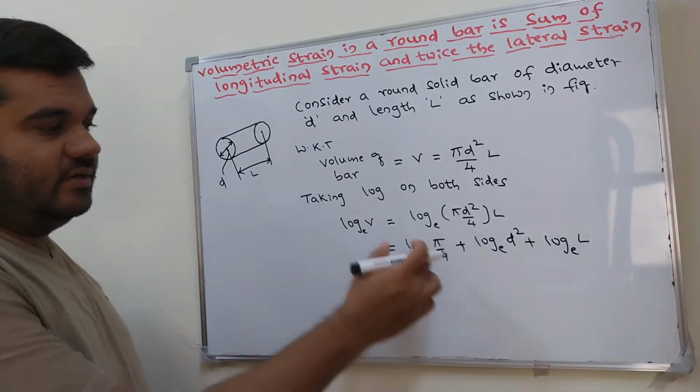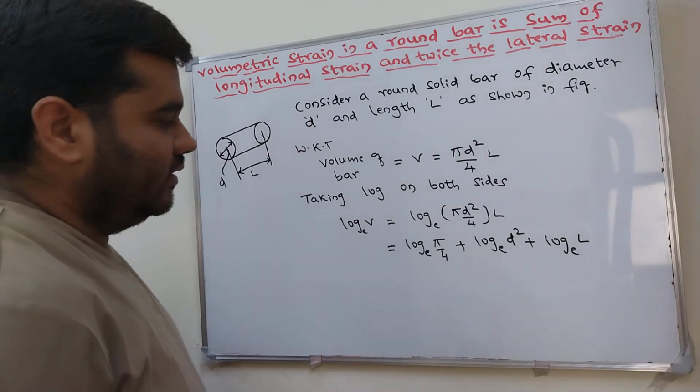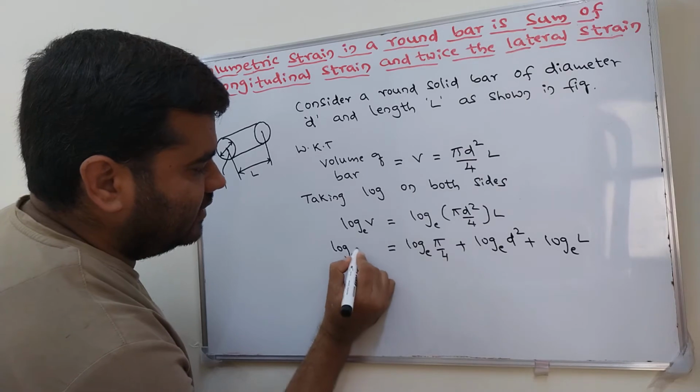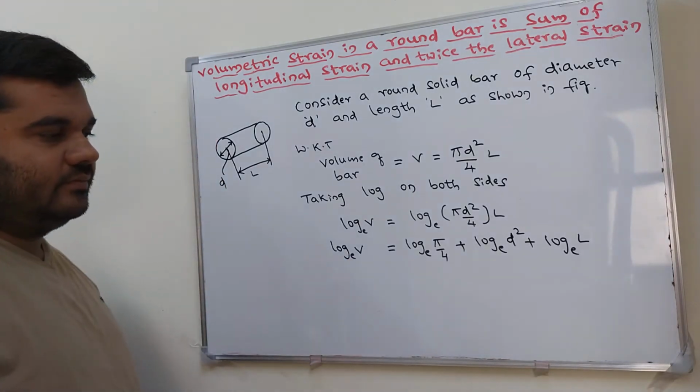The left side is log to the base e V, the volume.